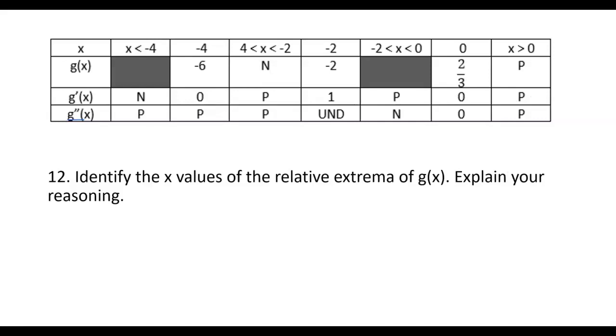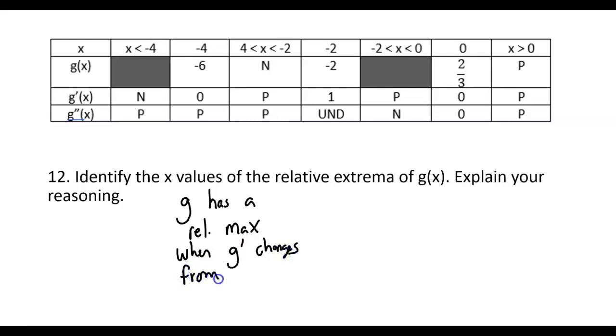Okay, that's critical values. Let's take a look at number 12. Identify the values of x of the relative extrema of g. Explain your reasoning. So g has a relative max when g prime changes from positive to negative. This happens at, let's find out. So where does g prime change from positive to negative?